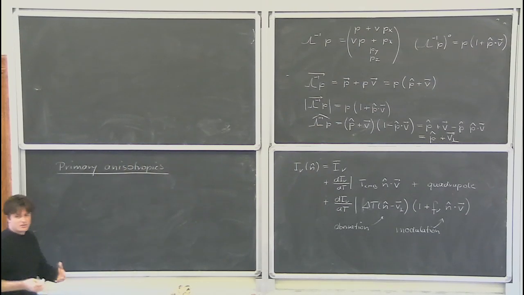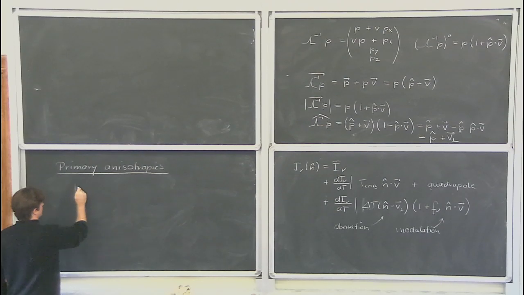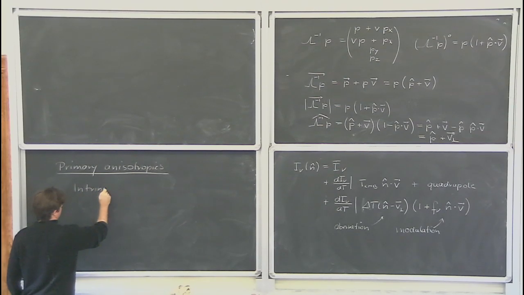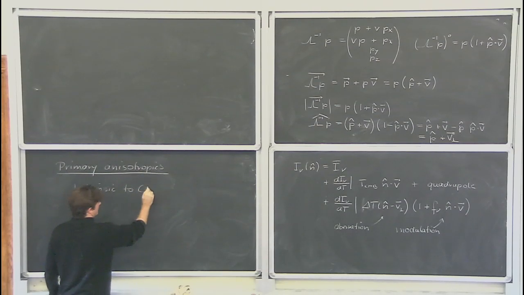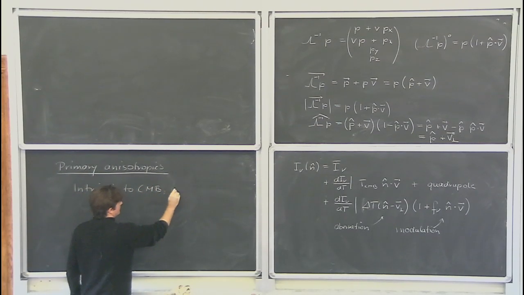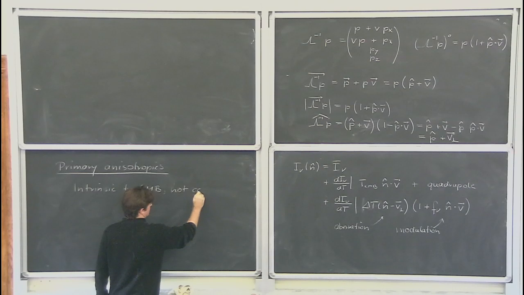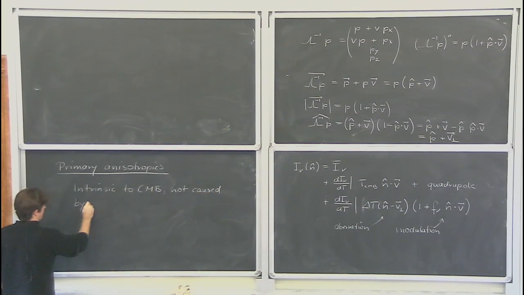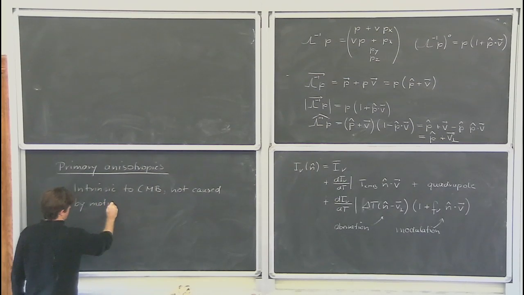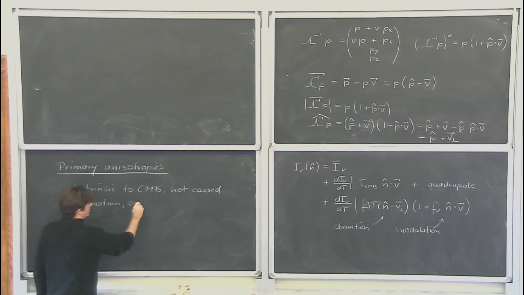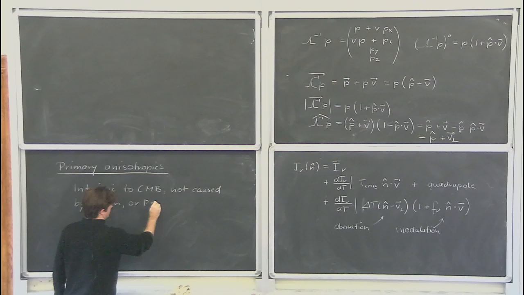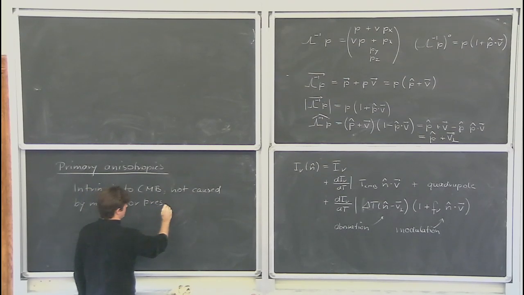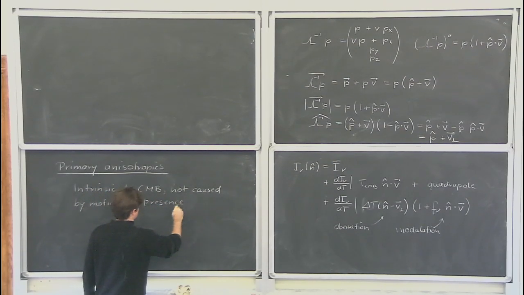And by this, I really just mean fluctuations that are intrinsic to the CMB, and not caused by the motion or presence of nonlinear structures along the line of sight. We'll discuss those at some later time.